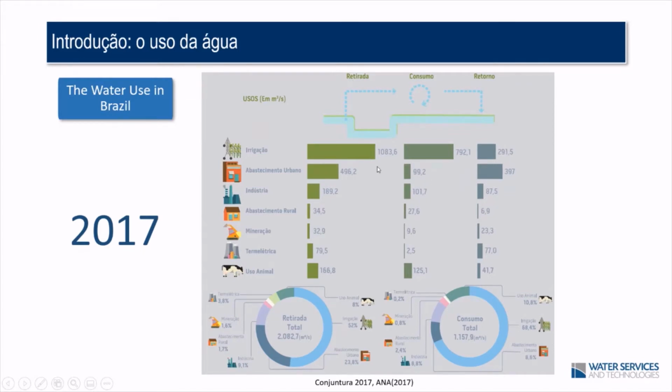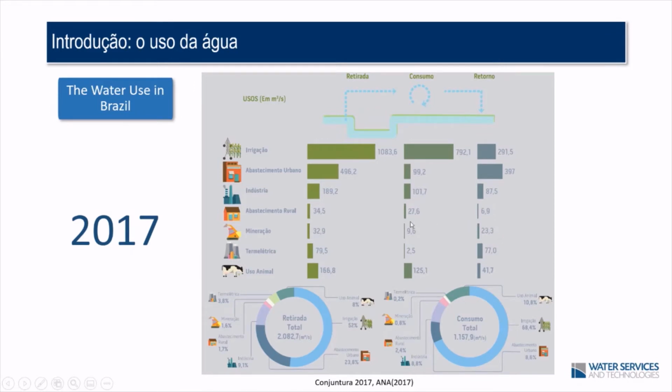As for urban use, almost 80% of the water returns to the environment. And we can see here in the mining industry that only 30% of the water is consumed, and we have 70% of the water returning to the environment.